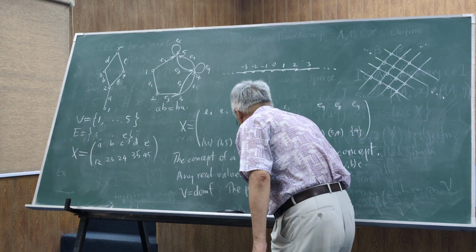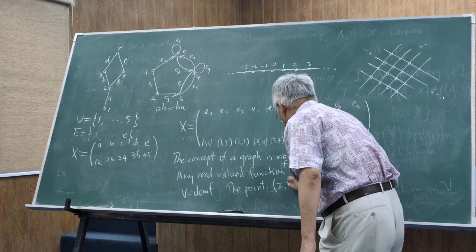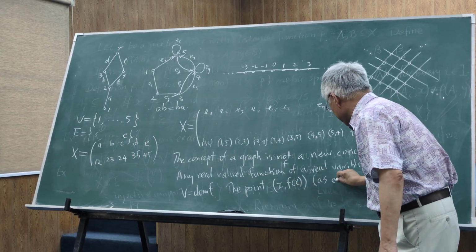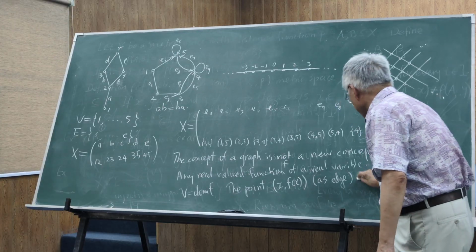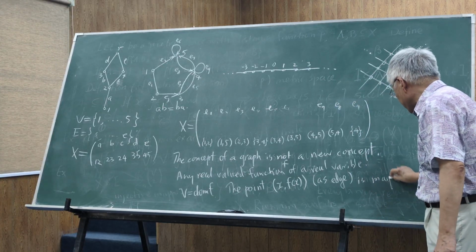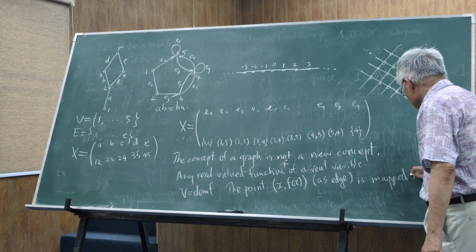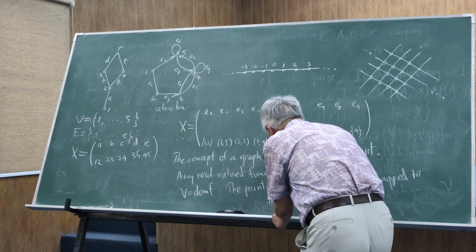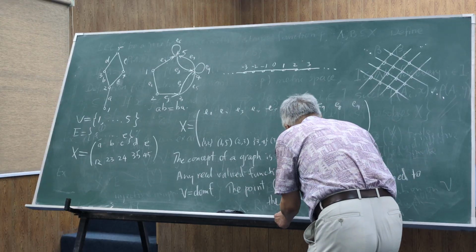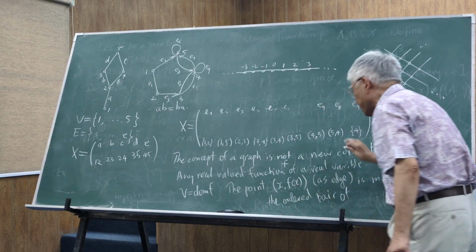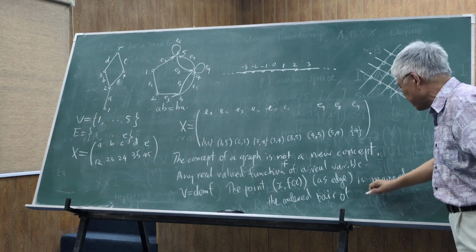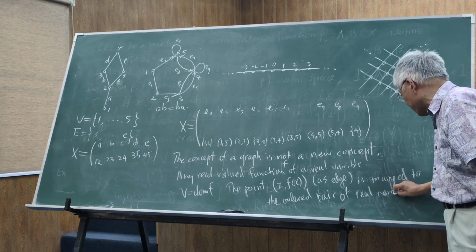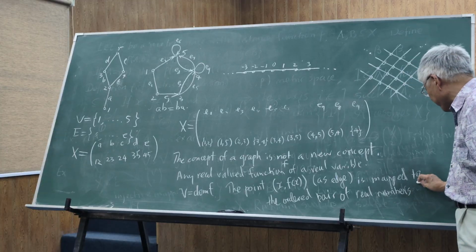Let me write it in words this time. The point x, f of x is mapped to an ordered pair of real numbers. This is just teasing, because these have nothing to do with us, just teasing whether that statement is true or false.